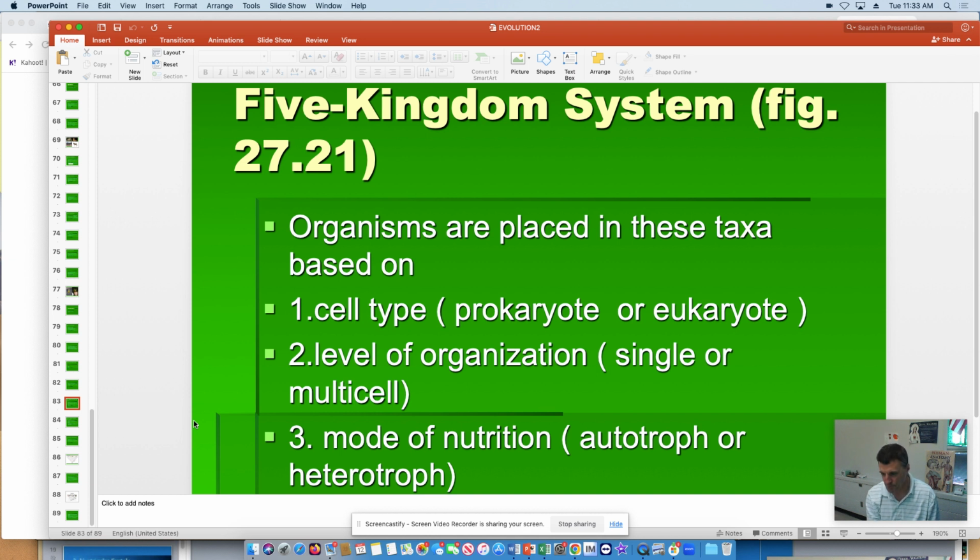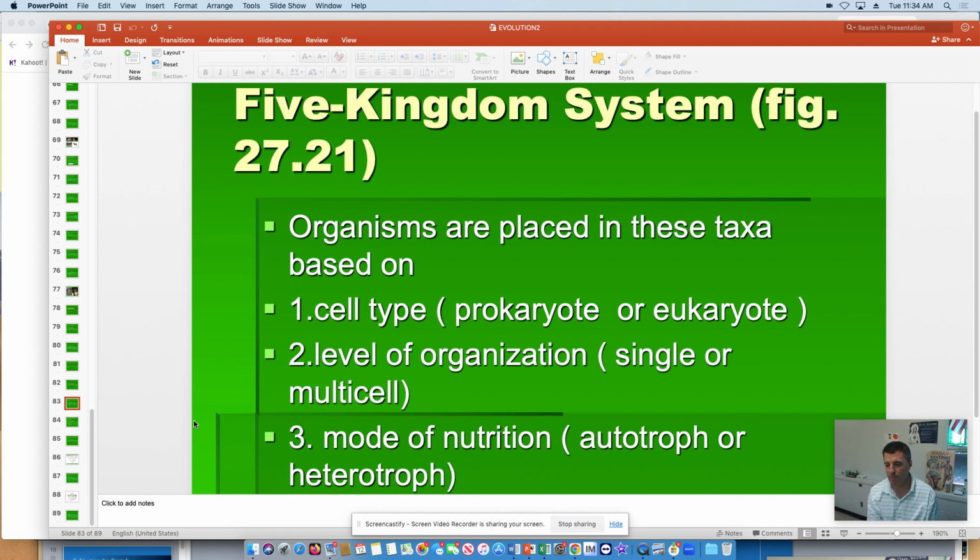And so for each of these groups, for example, if we said what kingdom of organisms is eukaryotic, multicellular, and heterotrophic, that is, has cells with a nucleus, has more than one cell working together as the organism, and then gets their food from the outside.